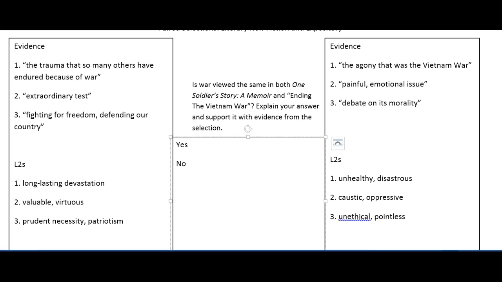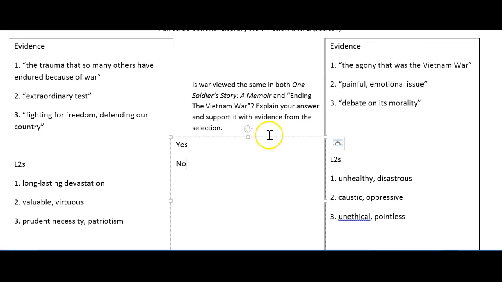If we look over to the left, we're able to see that war is traumatic in one of the statements, but for the other two statements, the connotation is not as negative. So if we did want to say, yes, war is viewed the same, we would definitely have to go with the first piece of evidence, and we could use any of the evidence on the right for the second selection.